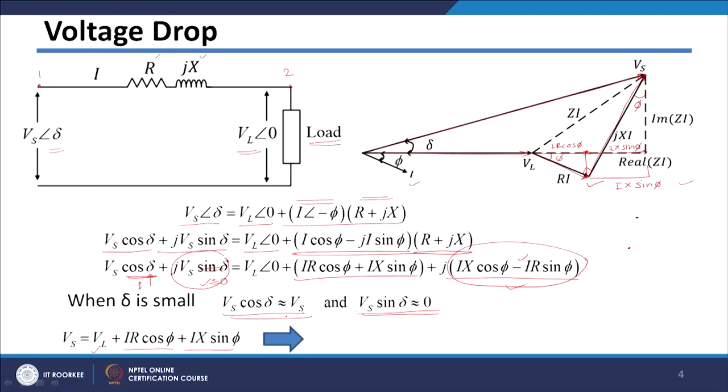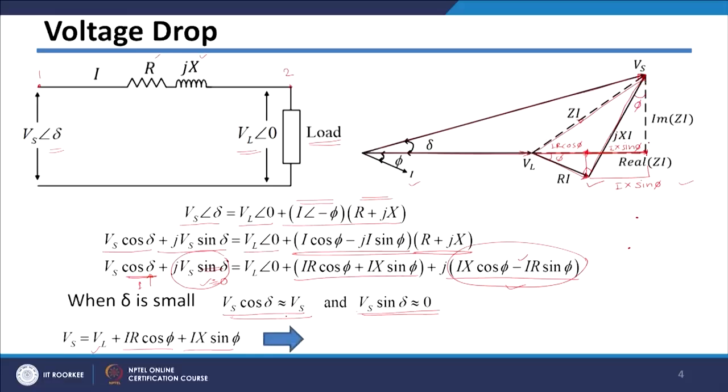So, you can see that IR cos phi plus this IX sin phi becomes equal to the real part of the phasor Z multiplied by I. If you see the real part of Z multiplied by I, it will be IR cos phi plus IX sin phi.